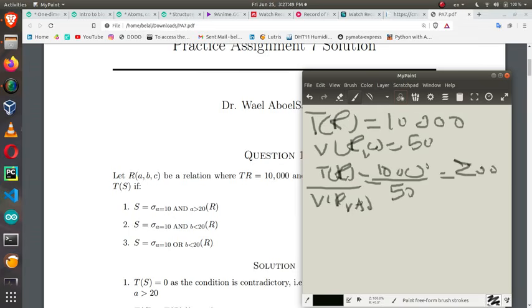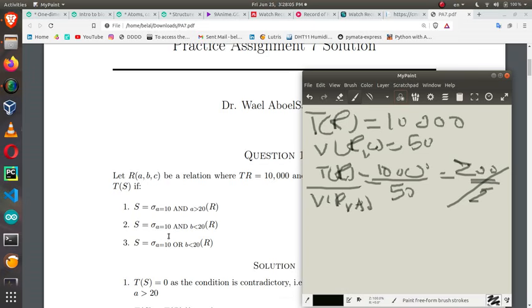Okay, now how many out of these 200 satisfy condition 2? So T of R over 2 or 3. Okay, so this is the second one.